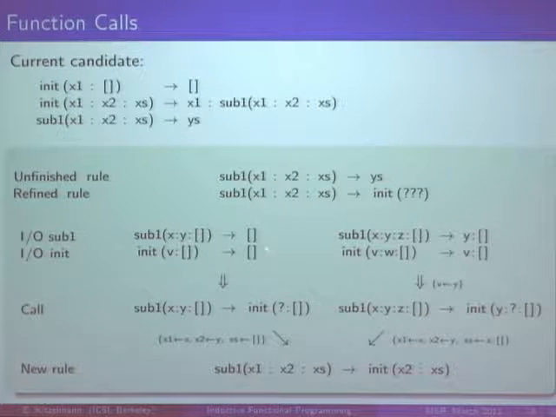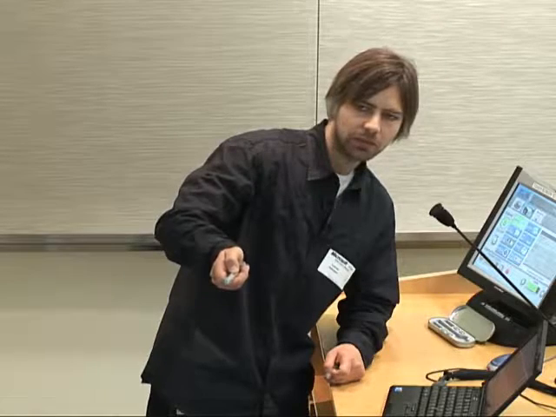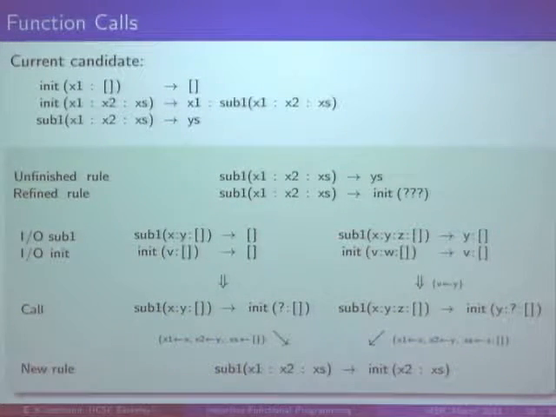Okay, here it is actually just the same. And here we have a variable replacement. And then we can compute this example for sub1 by a call to init, and the argument needs to be this input for init, right?